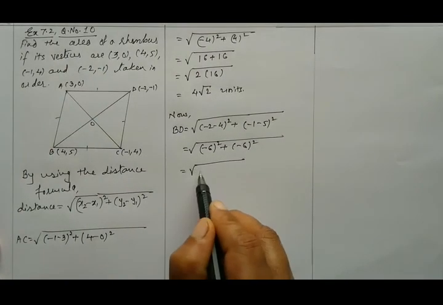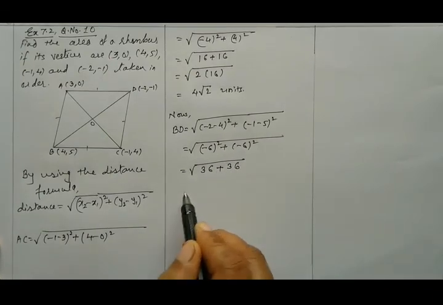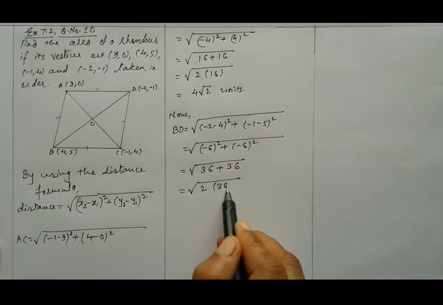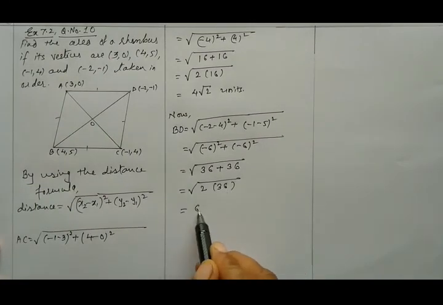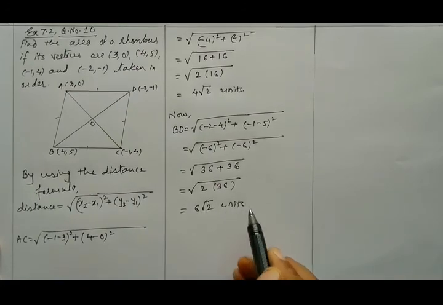So (-6) square is plus 36, (-6) square is plus 36. So 36 two times, 2 multiplied by 36. So that is 6 root 2 units. This is the length of diagonal BD.